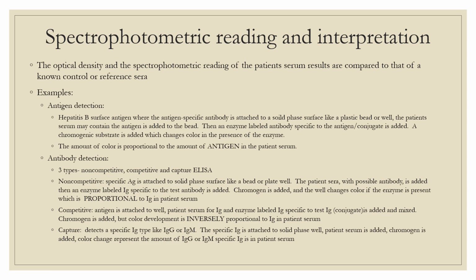In non-competitive indirect ELISA, we use excess labeled specific antibody towards an analyte of interest. In competitive ELISA, we use a labeled analyte and we look for a concentration of antigen. We have labeled antigen and sample antigen that compete for binding of antibody. And in capture ELISA, we use capture antibodies specific to a target antigen. This is also known as sandwich ELISA.